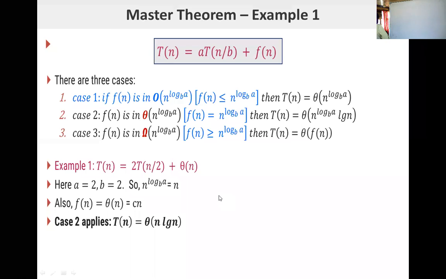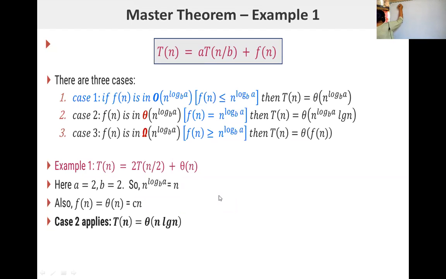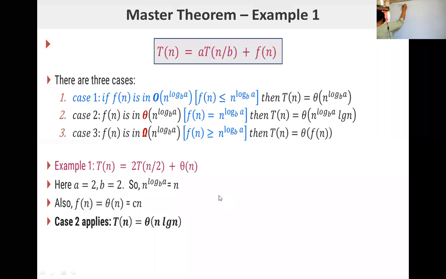So what does the master theorem say? And we will do an example for each and everything. I already told you, T(n) is equal to... Is the board visible or not?